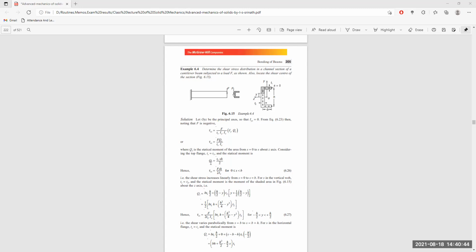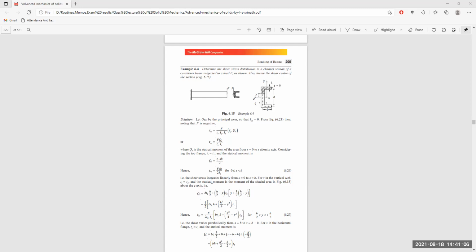Thus, if you put the value of Qz here, it becomes tau xs equal to F s h divided by 2 Iz, where s is greater than or equal to 0 and less than or equal to b. This length is considered from this end to the center of the web.